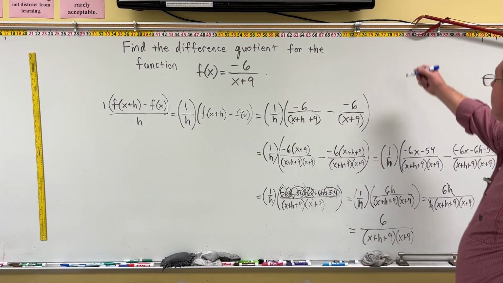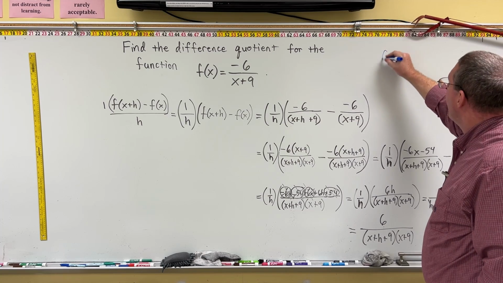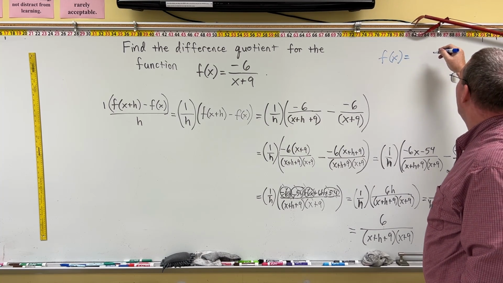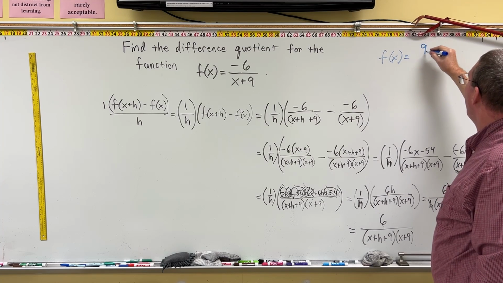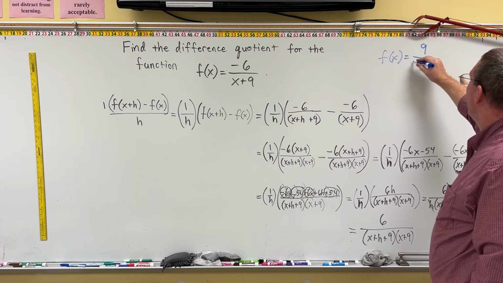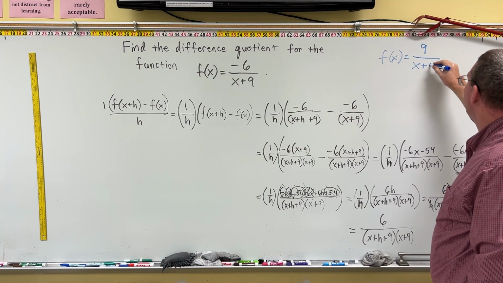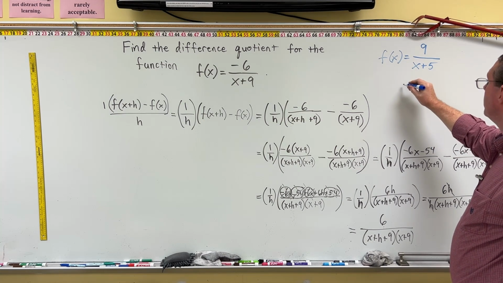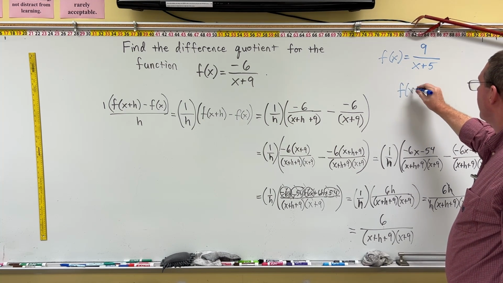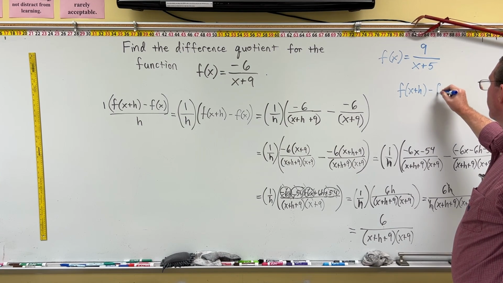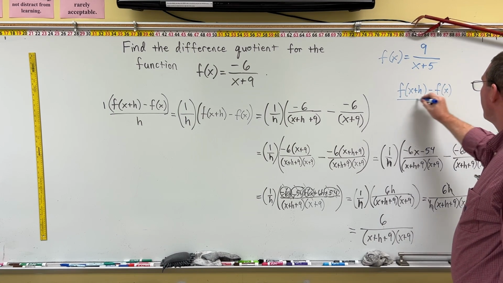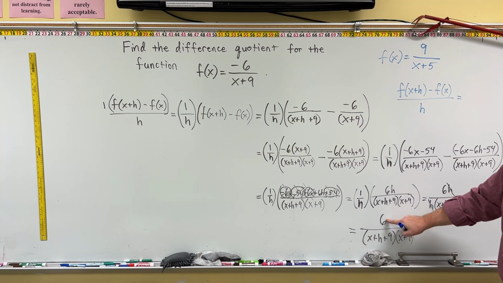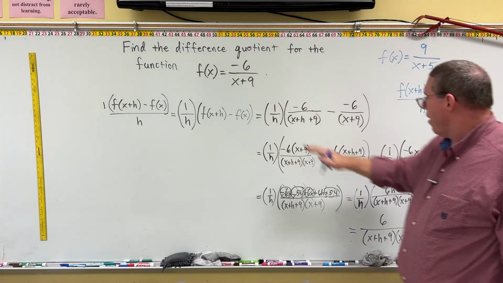So let's say that I had f(x) equal to positive 9 over x + 5. Well, then the difference quotient, (f(x + h) minus f(x)) over h, would be equal to, well, here I have negative 6, here I have positive 6.